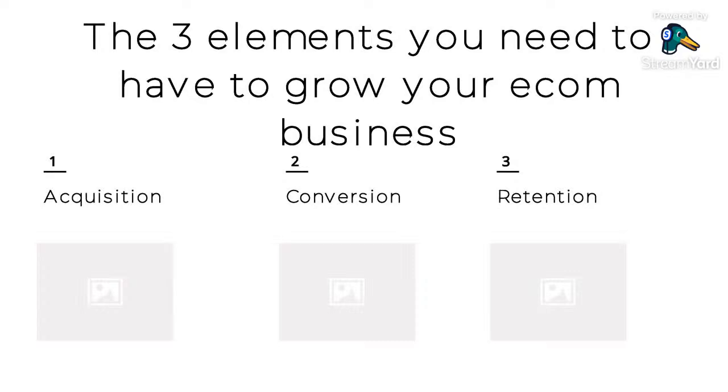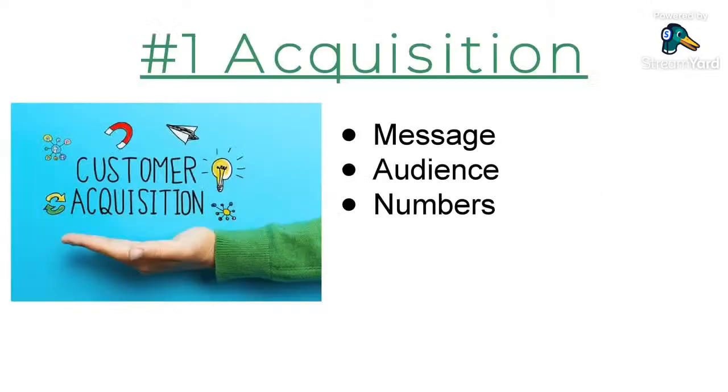The three elements are: number one, you need to have acquisition protocols, you need to have conversion protocols, and you need to have retention protocols. This is what we are going to be dealing with in this training. So we are just going to dive right into it.